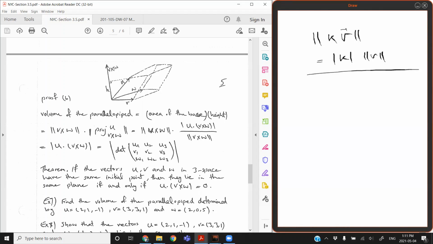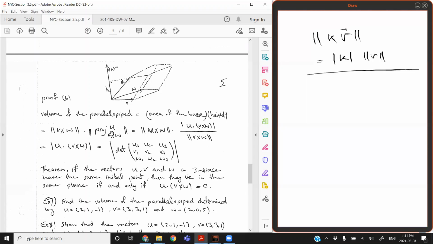Height is the orthogonal distance from this point to the base. So since v cross w is orthogonal to both w and v, we can find the projection of u along v cross w and then find the norm of that. That would be the height.